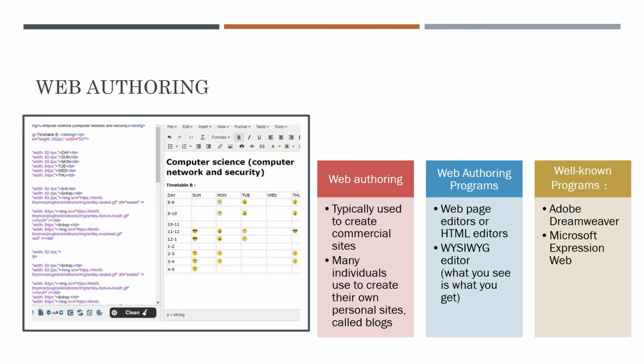Therefore, we can use this HTML code to edit our website. So this is what you see is what you get. There are some well-known programs such as Adobe Dreamweaver and Microsoft Expression Web.